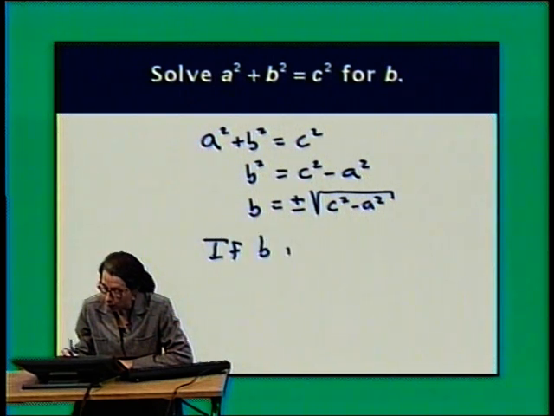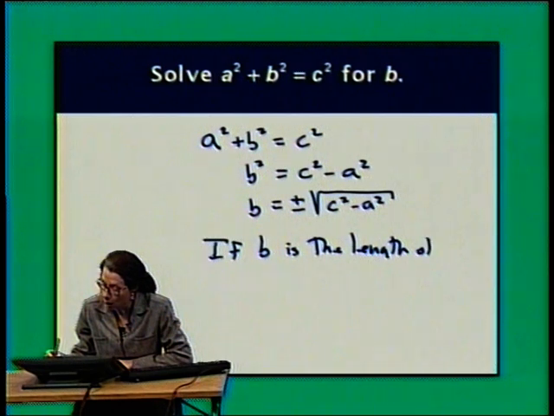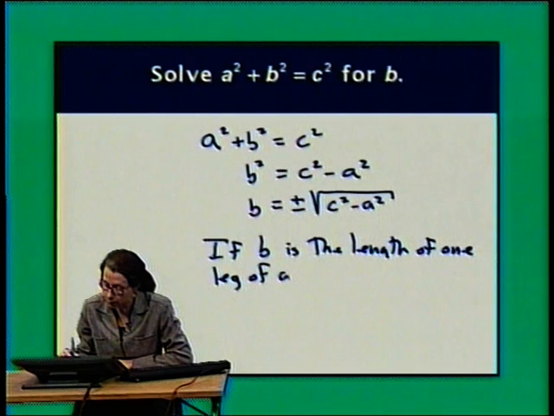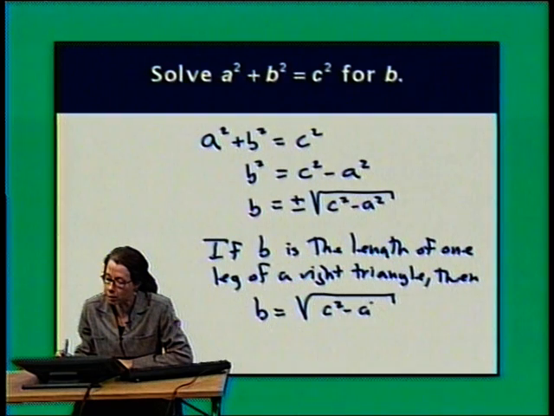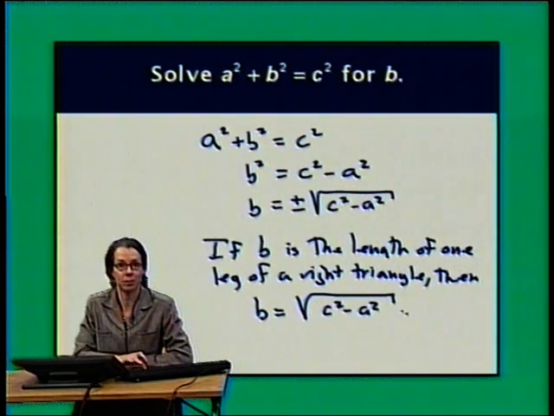So we just want b equals the square root of c squared minus a squared.